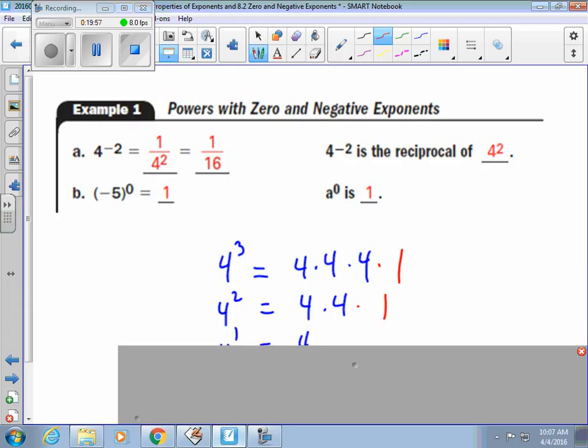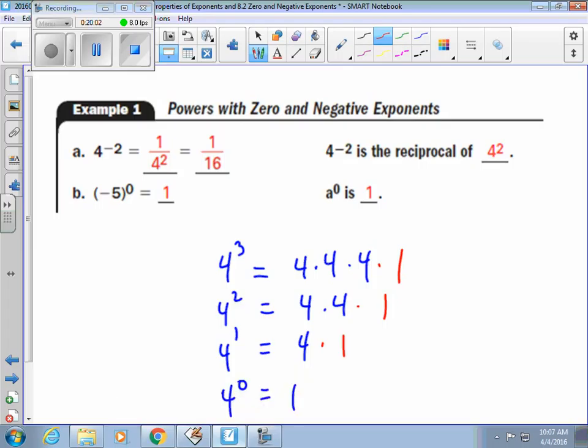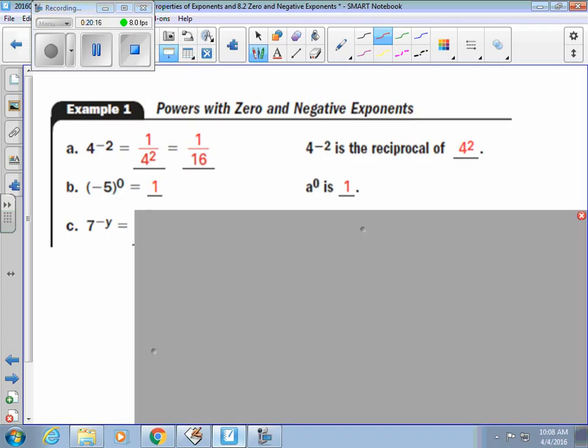The third one is not just 4 by itself, it's 4 times 1. So anything to the 0 power, there's no 4s, it's just 1. That's the best explanation I've ever gotten at this. Hopefully that makes it make a little bit better sense to you. All you got to remember is that anything to the 0 power is 1, and you'll be straight.